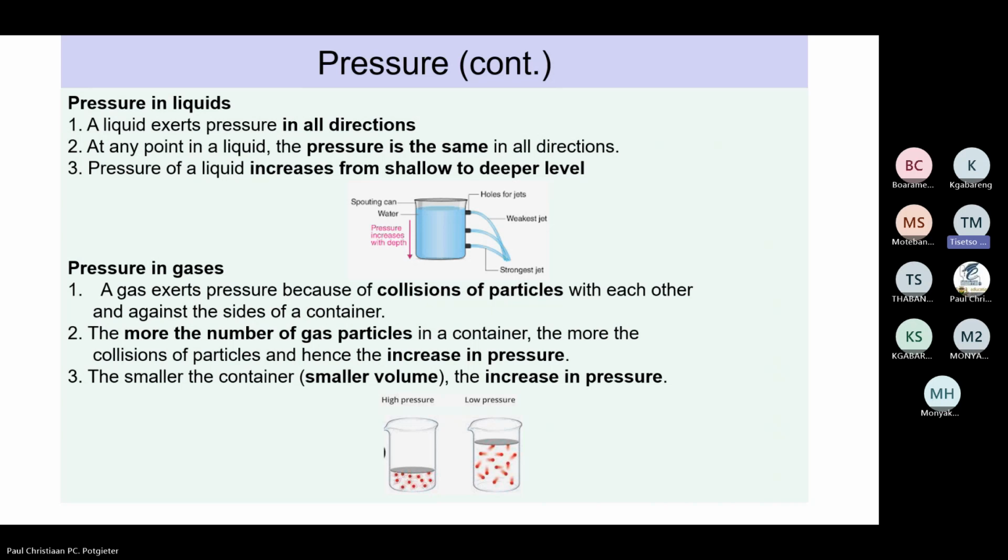If you were to put water or any liquid in a beaker and then pierce three holes, the hole at the bottom would exert more pressure, as the water squirts out more, than the other levels above.